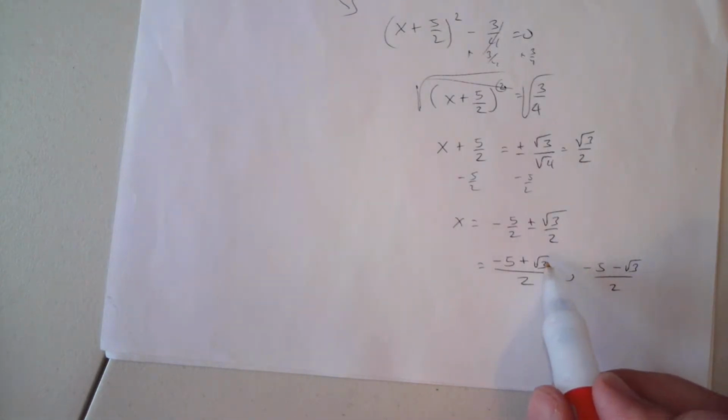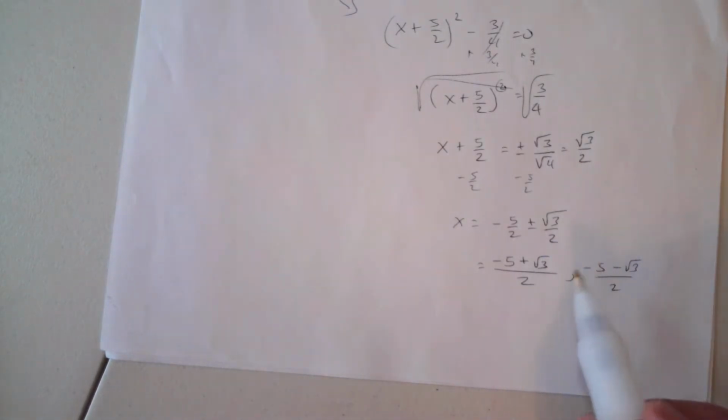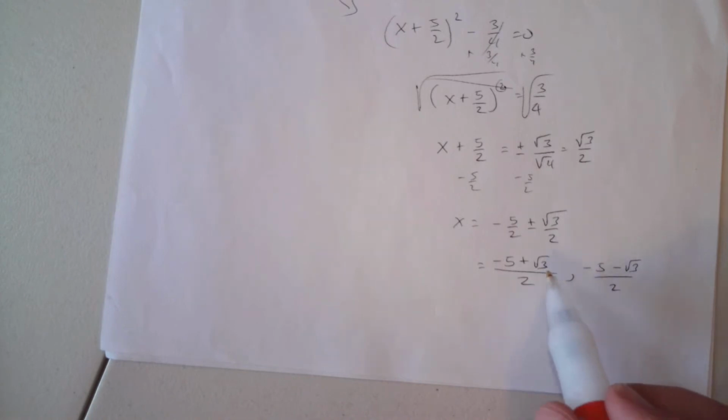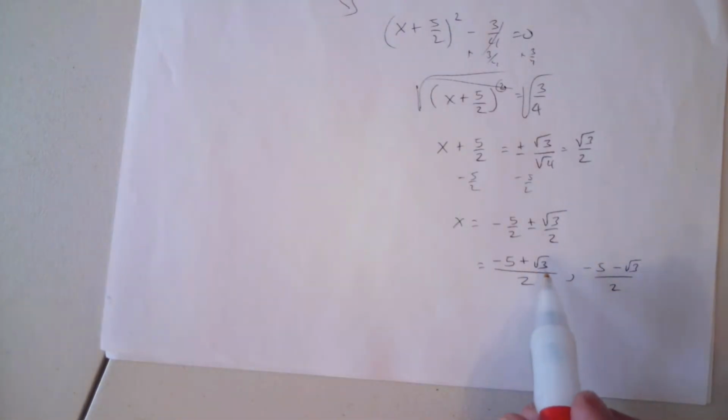So square root of 3 is less than square root of 4, which is 2. So it's less than 2, it's greater than 1. Let's call it 1.5.